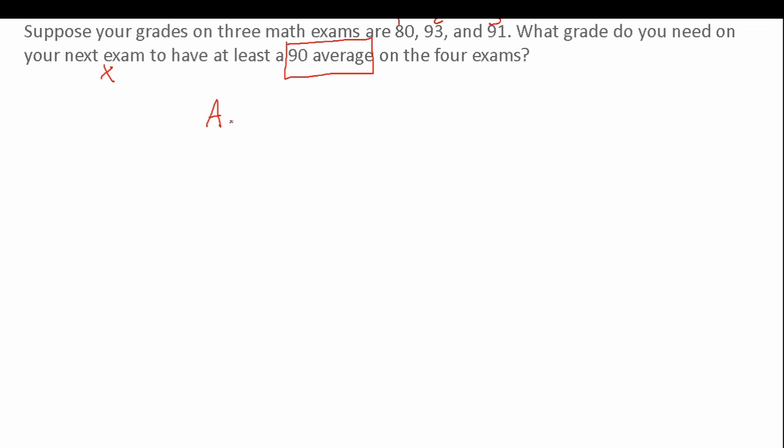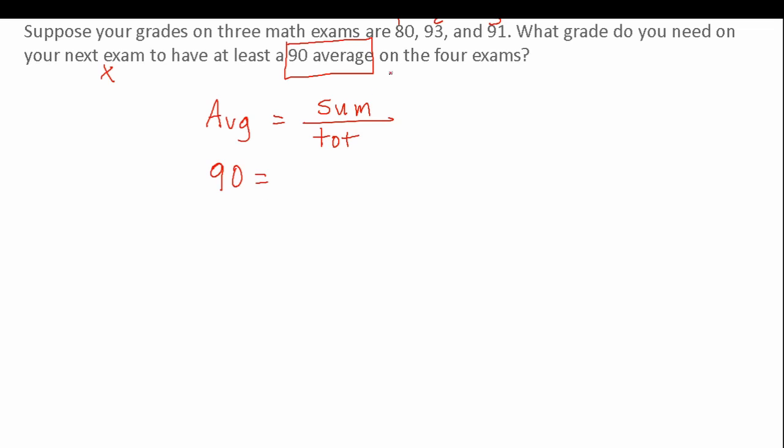Average, which I'm just going to write as AVG, is equal to the sum over the total number of data points. In this case, we can go ahead and start filling things in accordingly. So we know our average has to be 90, so let's plug that in for average.